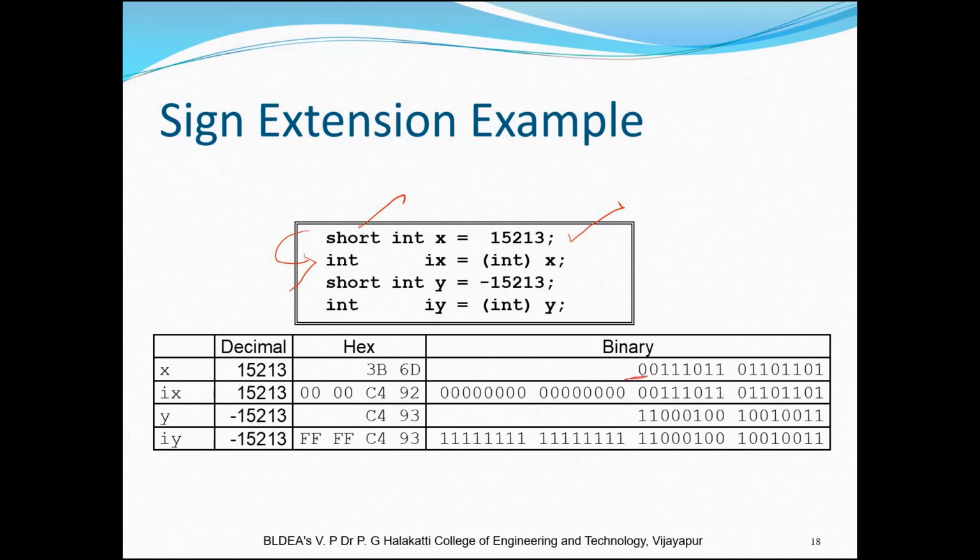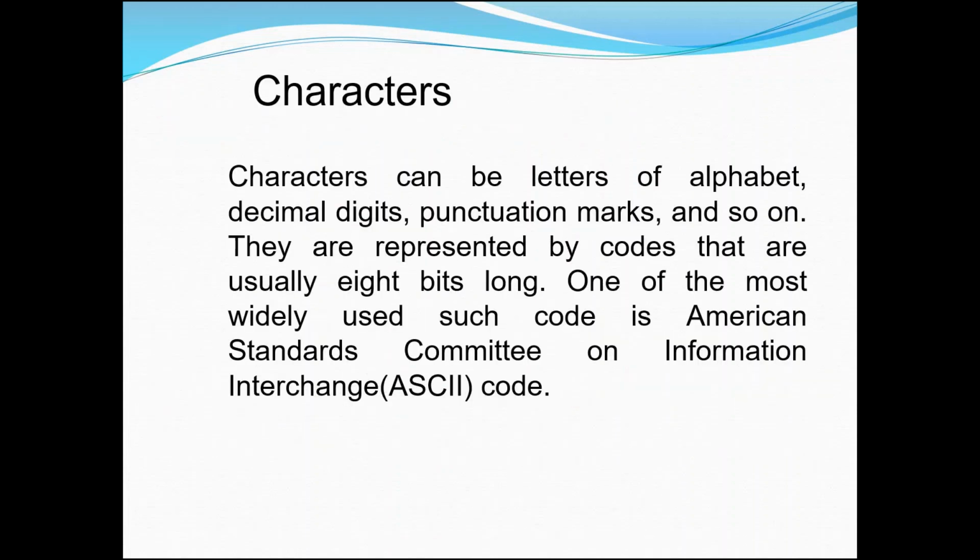To convert it, just see the MSB bit and just extend, that is, simply copy the MSB bit for the remaining bits which you want to extend. Similarly, if it is a minus or negative number, just see the MSB bit is 1, simply copy the MSB bit for the remaining bits. So this is called sign extension.